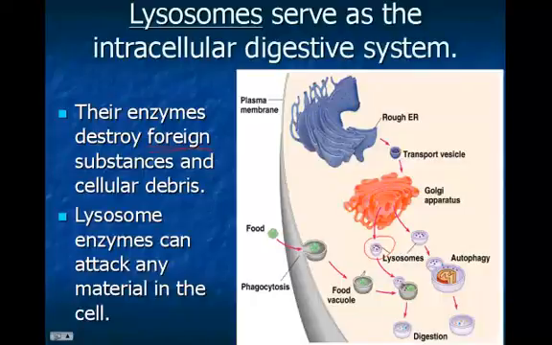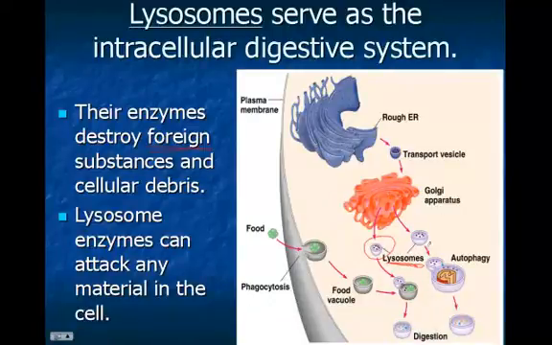The food vacuole can then fuse with one of these lovely lysosomes, and the lysosomes contain all the digestive enzymes. So when they fuse together, the digestive enzymes can be released to break down that food, and then some of that food can be released and absorbed.